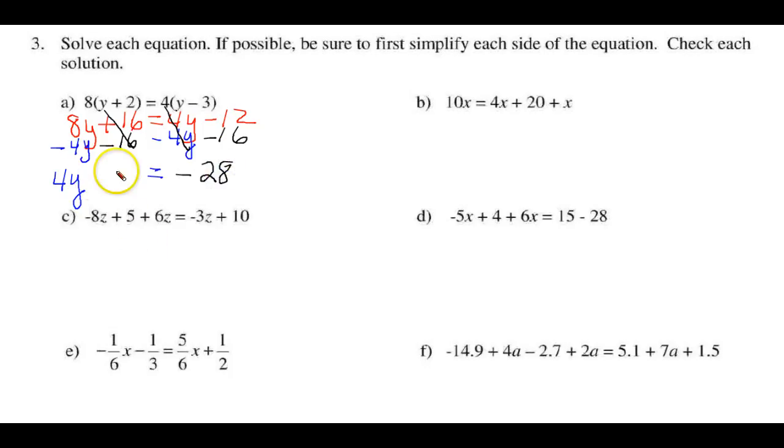So this is sort of the middle step where you have a variable on one side and then numbers on the other. Now you just want one of the variable. So here I'm going to divide by the numerical coefficient 4, and here by the numerical coefficient 4. So I then get y equals a negative 7.